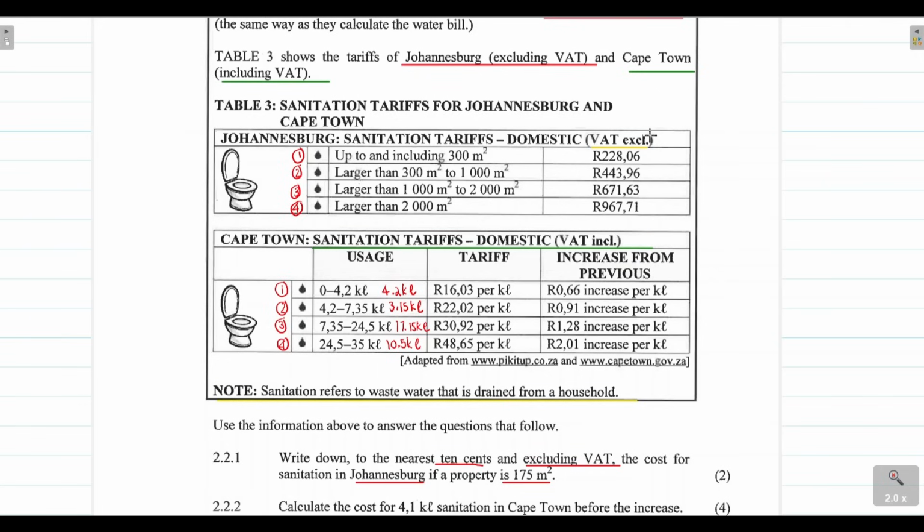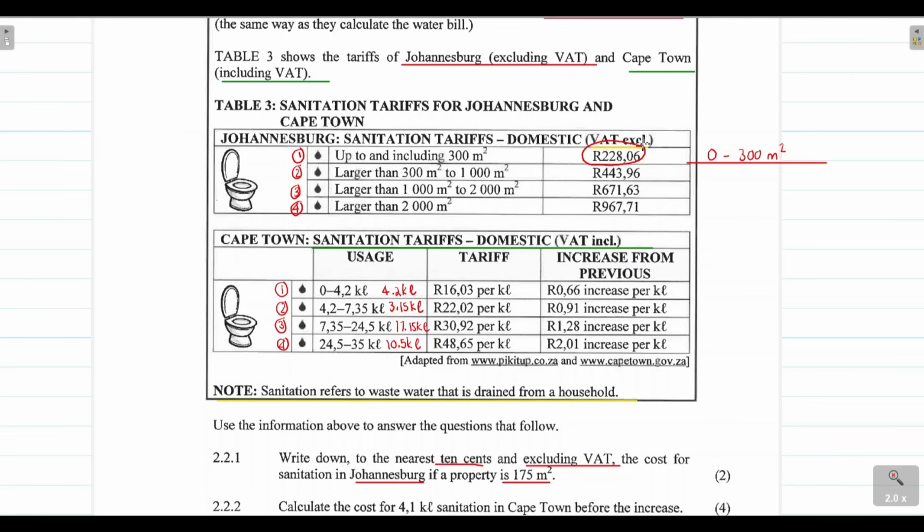The first block is if your property has an area of up to and including 300 meters squared. If the area of your property is from 0 to 300 meters squared, then the tariff that you have to pay is 228 rand and 06 cents.